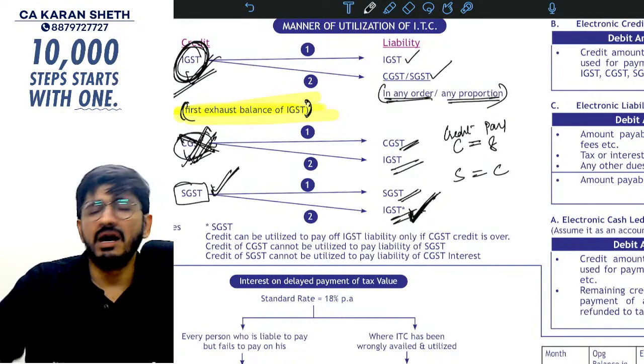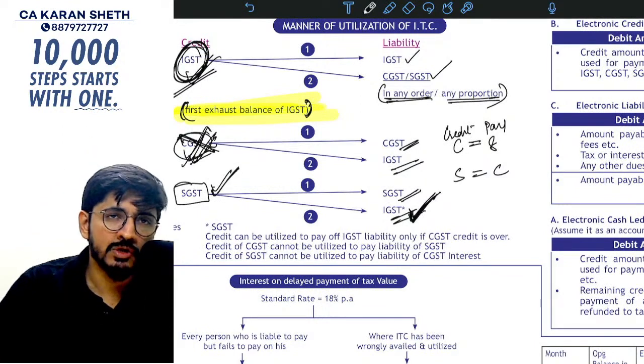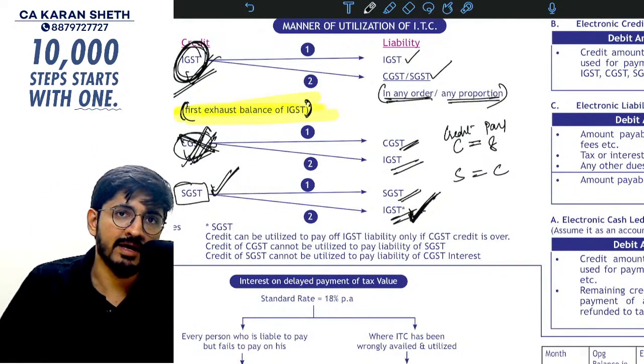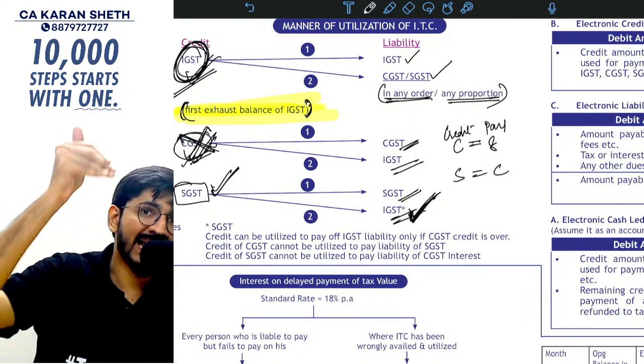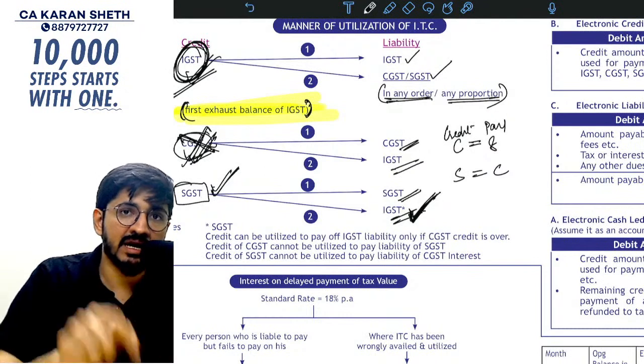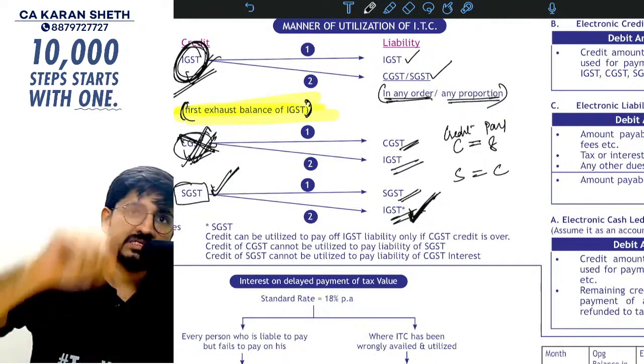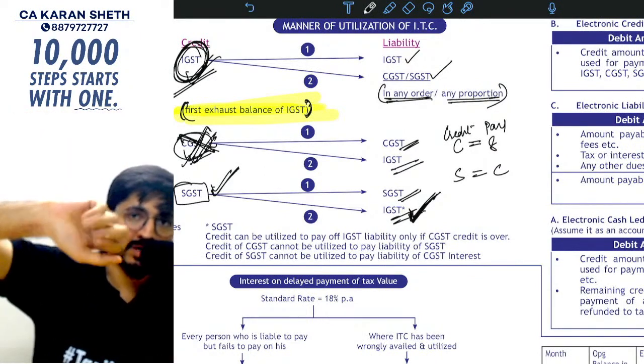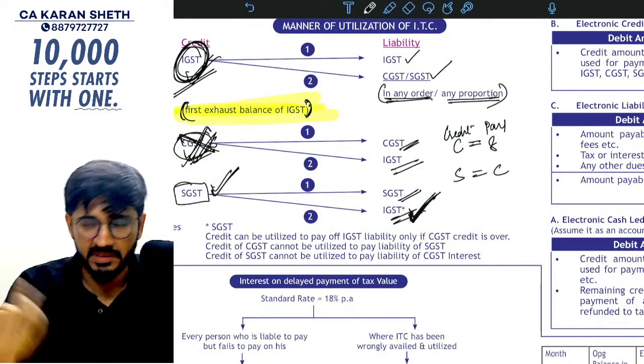But under no circumstance will you use S to pay off I if C still exists. If you want to use S credit to pay off I, just check whether C is exhausted or not. If yes, then go ahead.